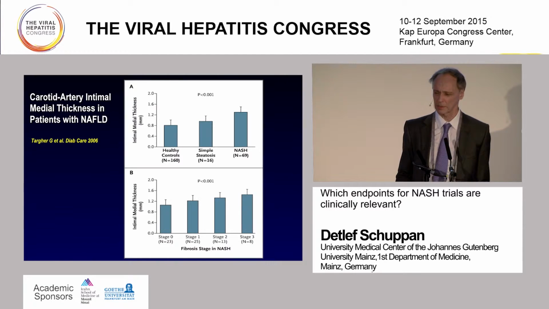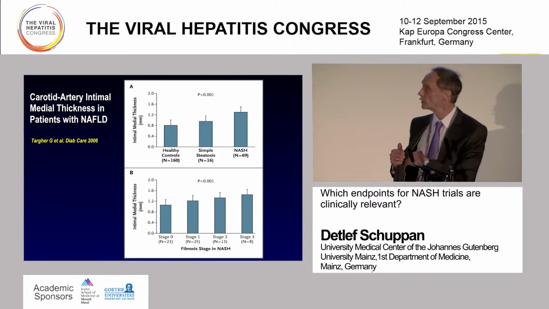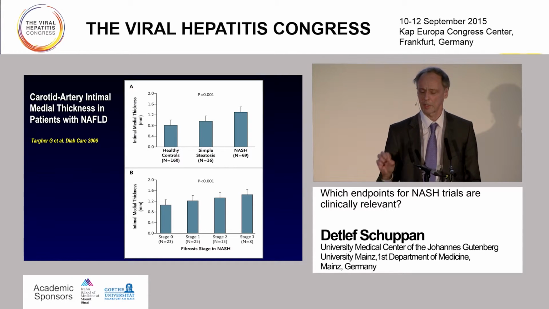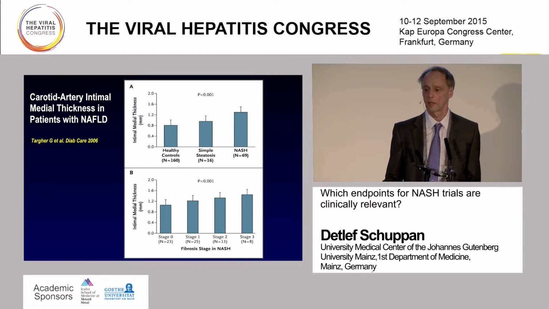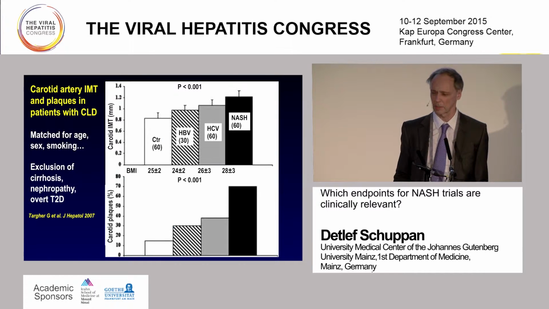And this is just one example, and there's many, many studies showing that the metabolic syndrome definitely increases, as measured by intimal thickness in the carotid artery, in relation to the degree of hepatic fat and inflammation or in relation to the degree of fibrosis.